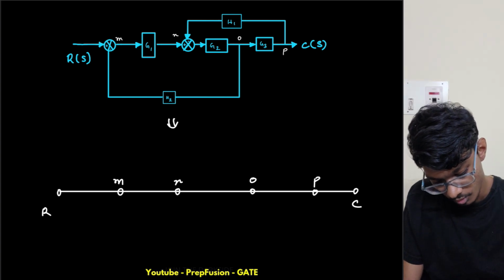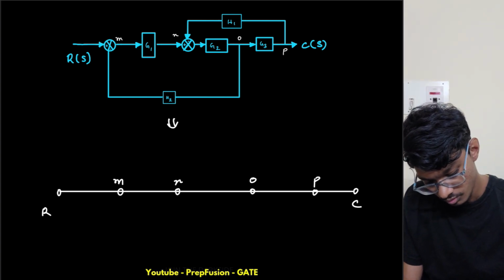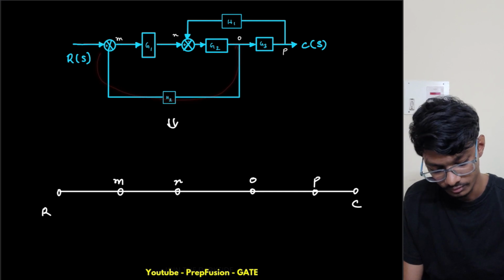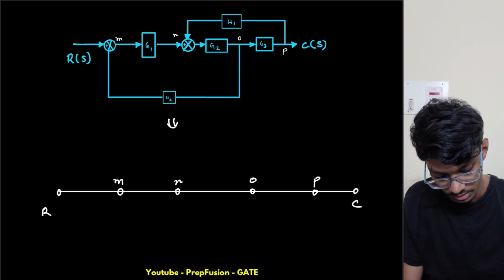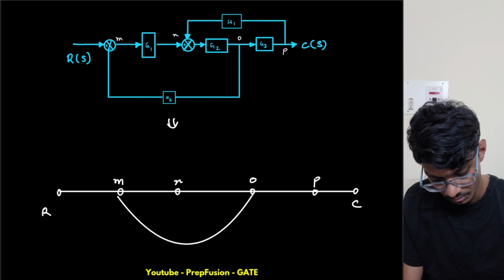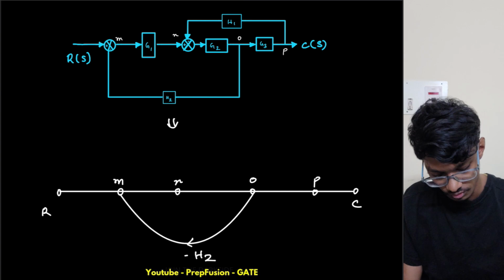Now from O to M we have one feedback, a negative feedback. So from O to M I have a negative feedback of minus H2.